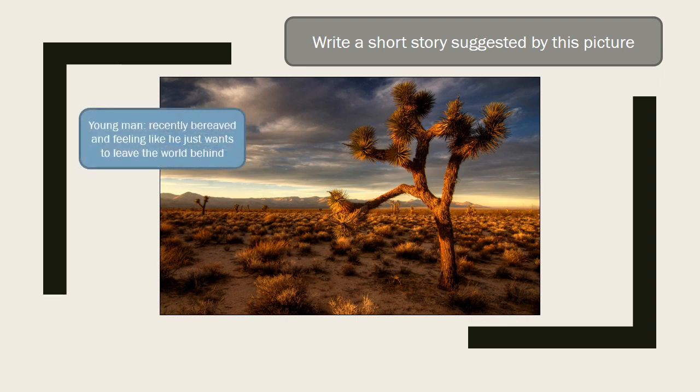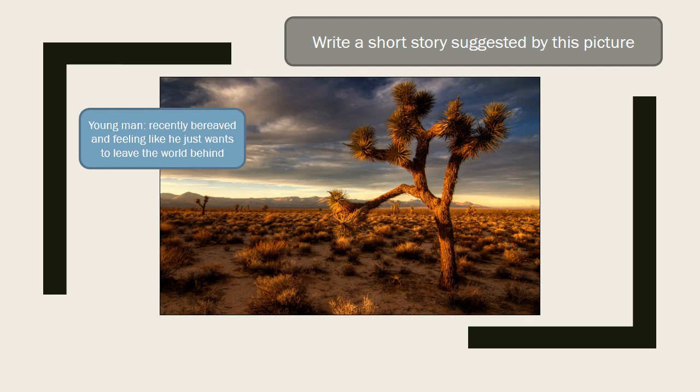So, here's an example that I could give you, a character. Well, I want a character who's going to be able to drive a story that fits this situation. So I've chosen a young man, nice and easy for me to write about. I once was a young man, believe it or not. A young man who has been recently bereaved. So, as with so many situations, the character has a background that drives the story.